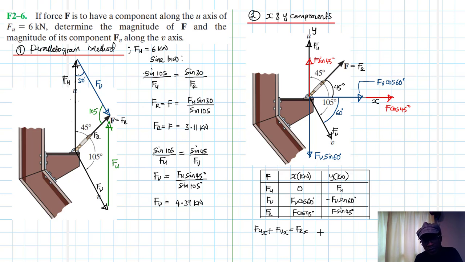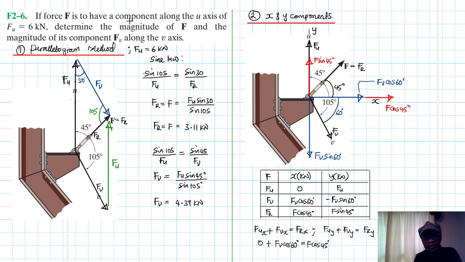And then the other equation on this side is Fuy plus Fvy is equal to Fry. So there we have 0 plus Fv cos 60, which is equal to F cos 45.